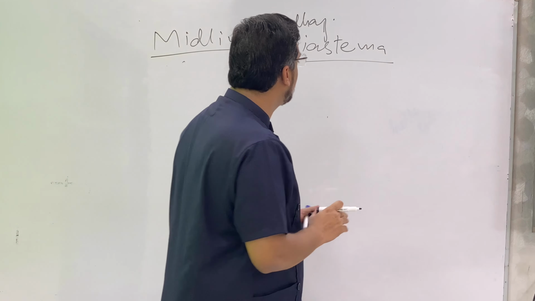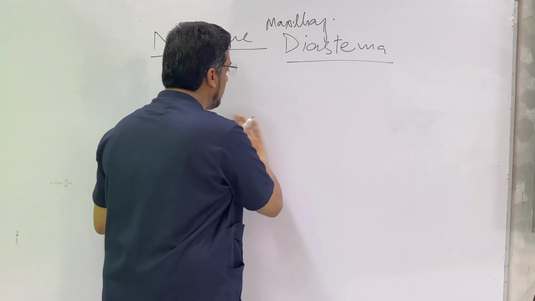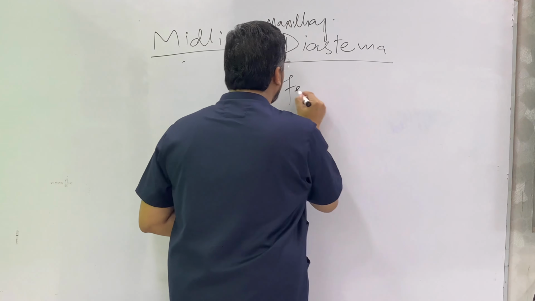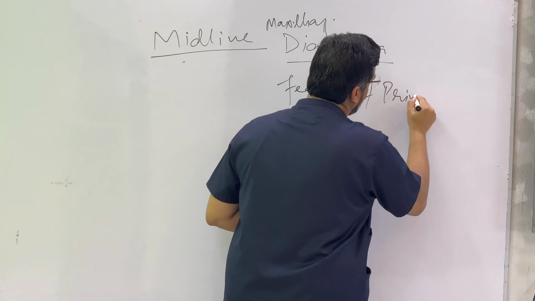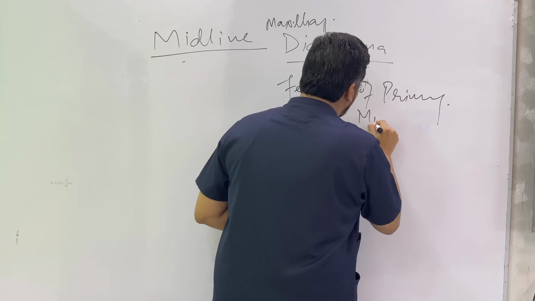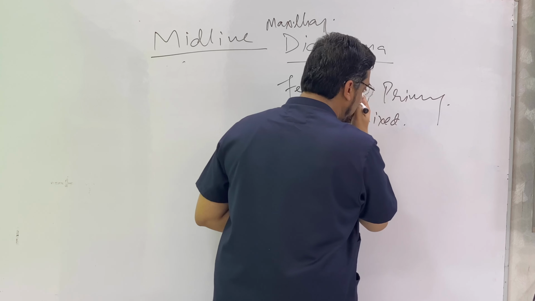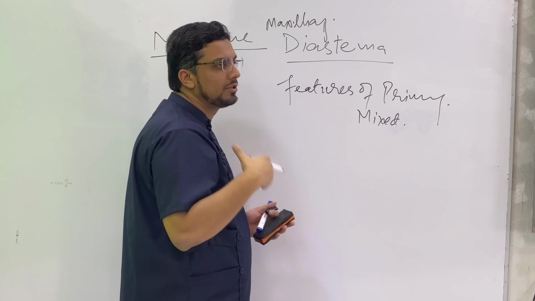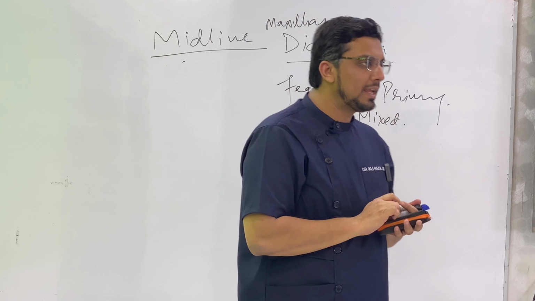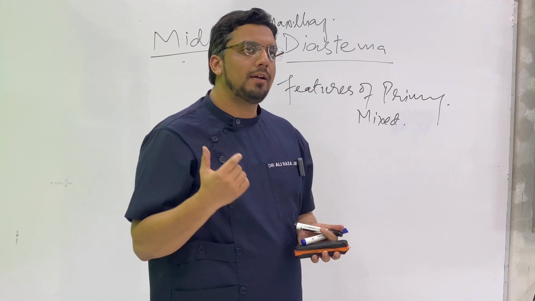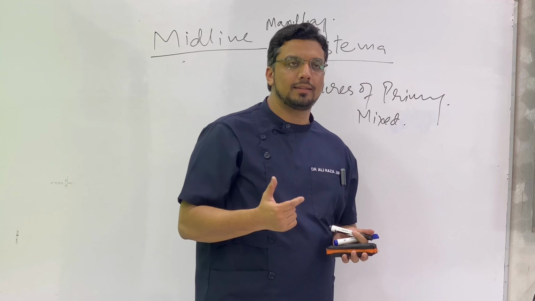First and foremost, we should be aware of the features of the primary dentition and mixed dentition. This is very important for a general dental practitioner. In the primary dentition, we have the gap between the deciduous central incisors.